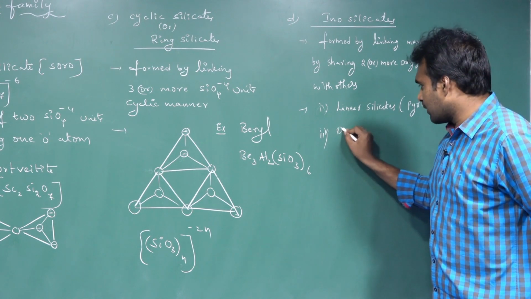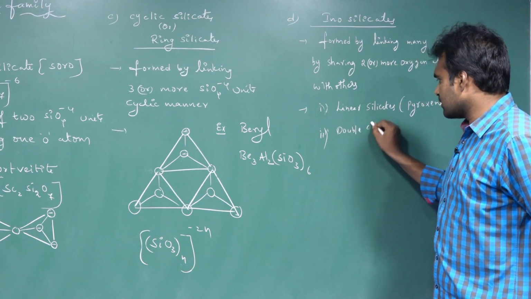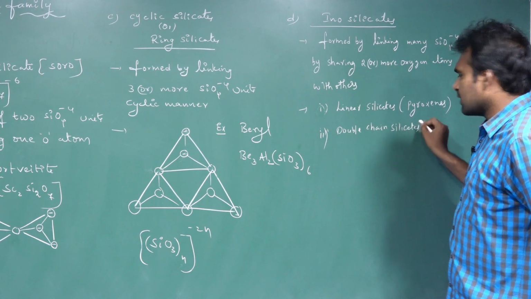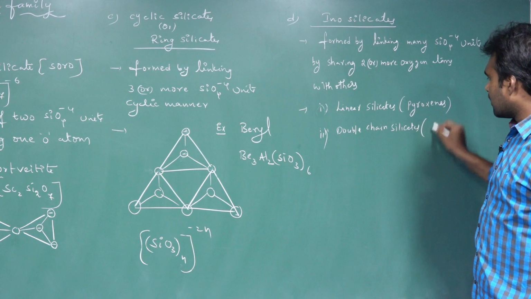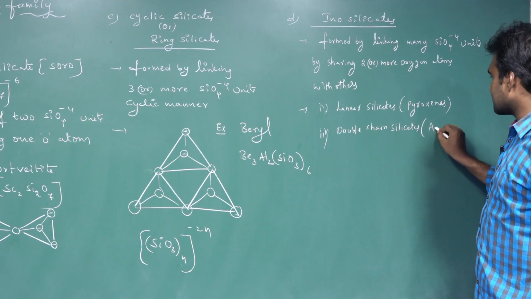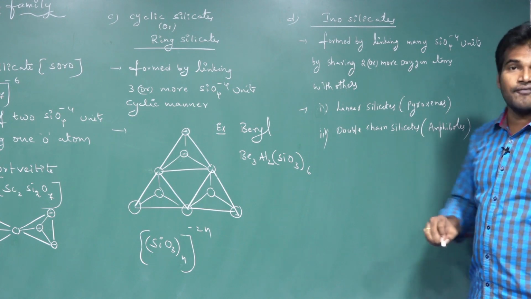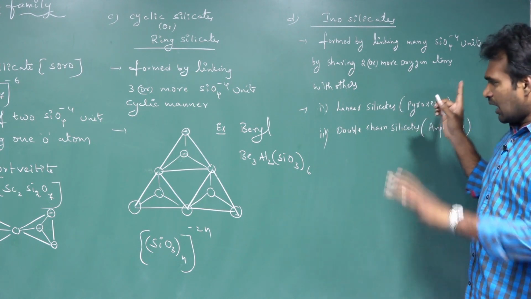The second one is double chain silicates, and double chain silicates we call amphiboles.